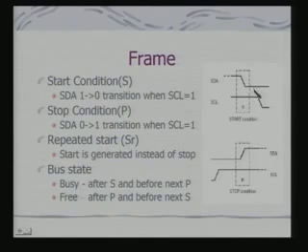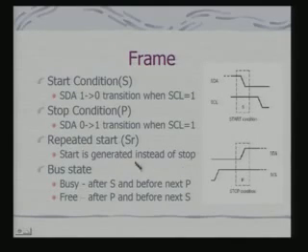So, when the clock is high and SDA is making a transition, it means there is the start of a frame, that is a frame of data that is being transferred. The stop condition occurs when there is a transition from 0 to 1 when SCL is high. So, these two states, this is S and this is P, the stop condition.